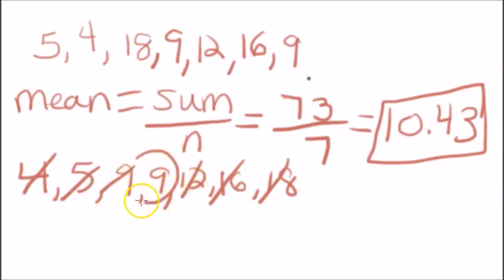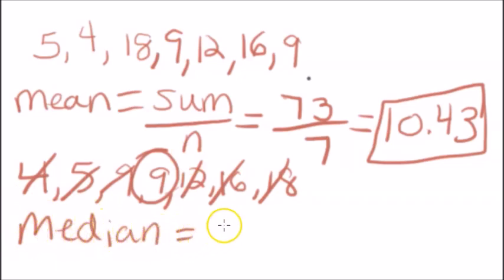Well, right here we have one middle number. It's 9. We have 3 that are eliminated on the left side, and then 3 that are ruled out on the right side, leaving us with just that 9. So the median will then be equal to 9.